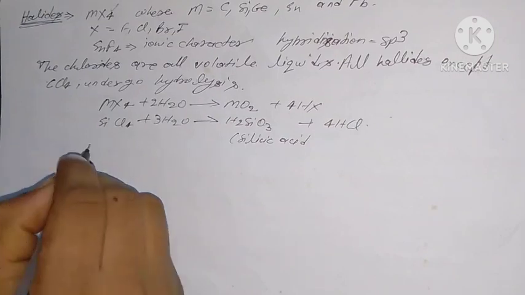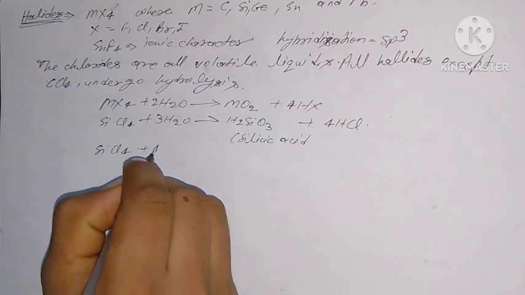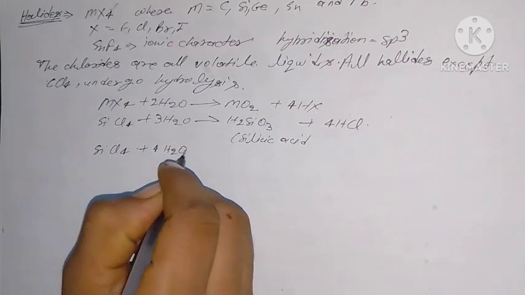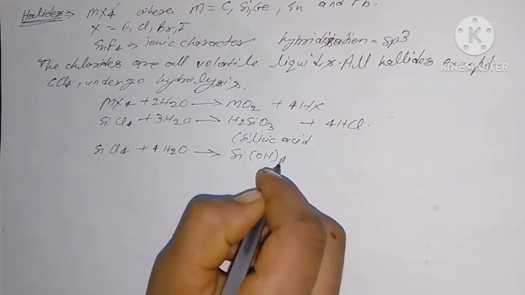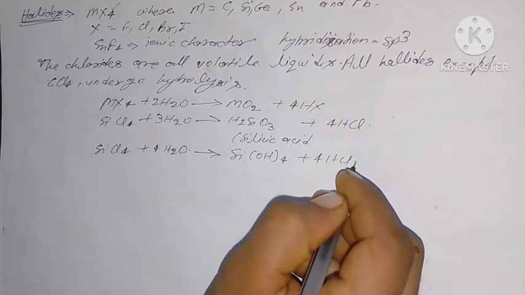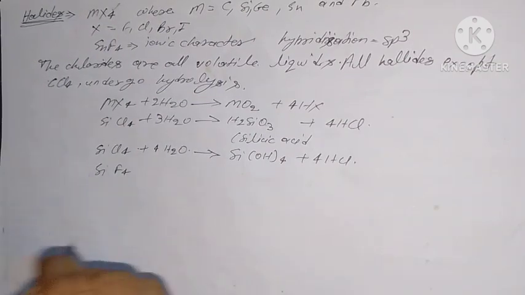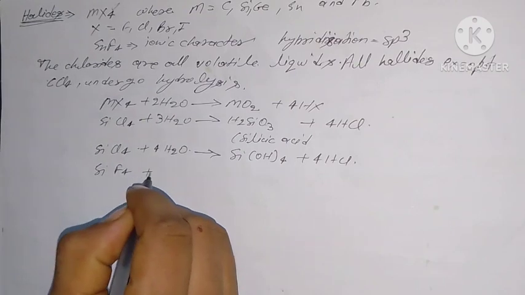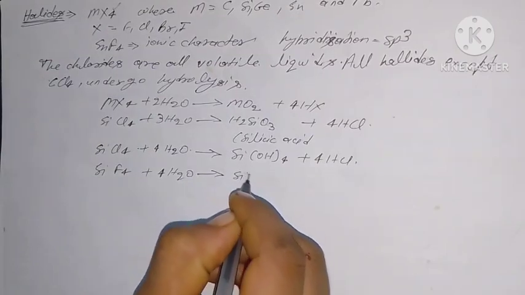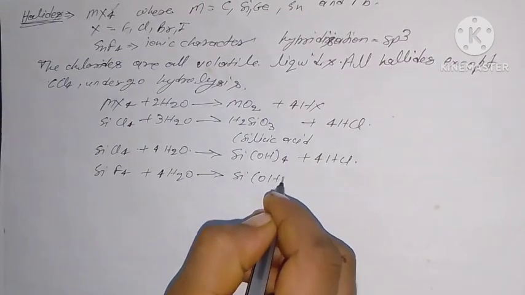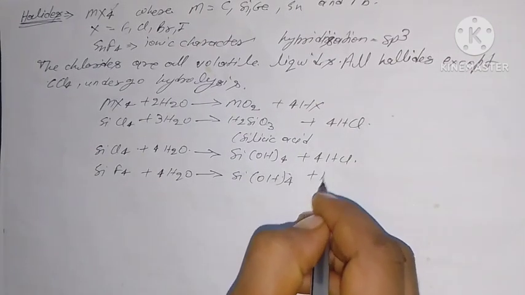And SiCl4, silicon tetrachloride, reacted with 4 molecules of water makes Si(OH)4 plus 4HCl, hydrogen chloride. And SiF4, silicon tetrafluoride, reacted with 4 molecules of water makes Si(OH)4 plus HF.